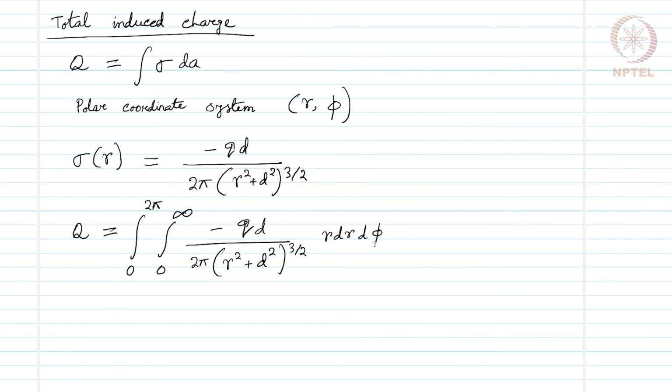This is the surface element, and this turns out to be q d over the square root of r squared plus d squared. The limits are from 0 to infinity, and that equals minus q. That means the amount of the total induced charge is the negative of the point charge amount that we have at a distance d above this plane, which is consistent with all our expectations.